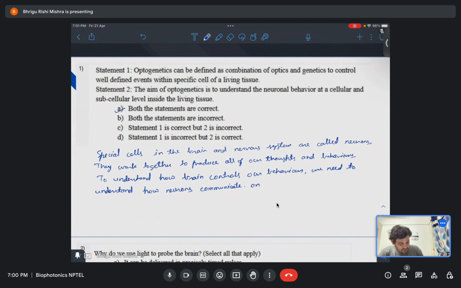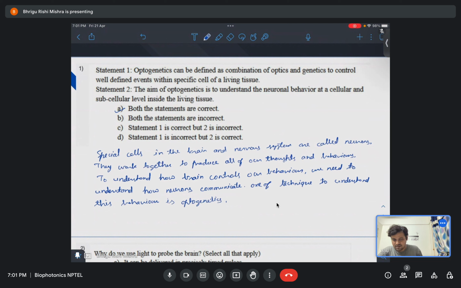And there are techniques to do this, electrical stimulation, light stimulation, and one of the techniques to understand this behavior is optogenetics.